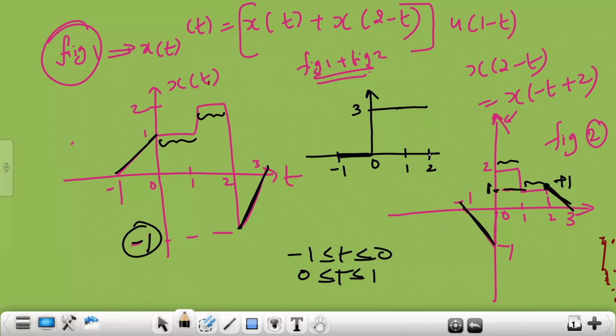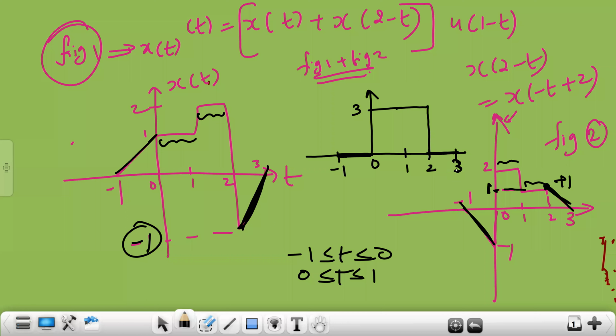So during 2 to 3, it is 0 itself. Then do you have anything to add from 3 to 4? You don't have anything from 3 to 4, 4 to 5, till infinity. You don't have any signals at all. So if you add, the signal is nothing but 0 itself.